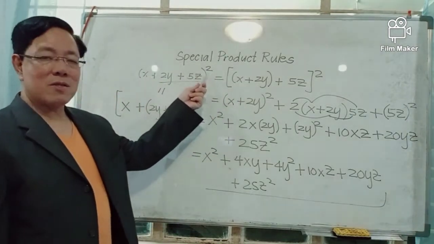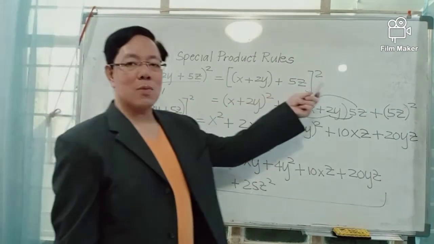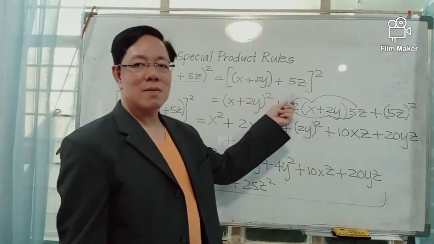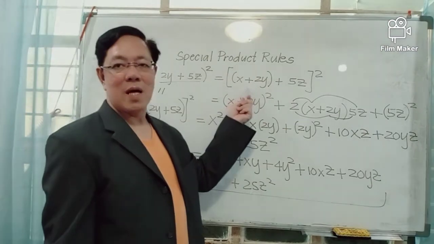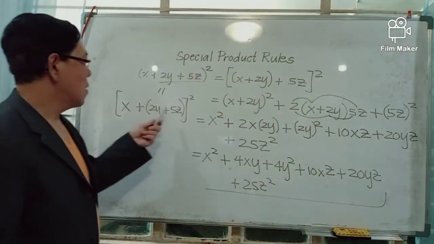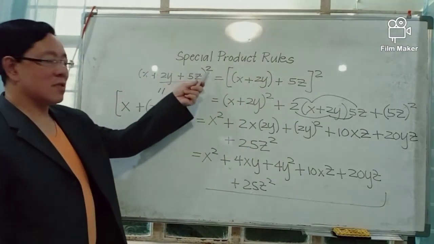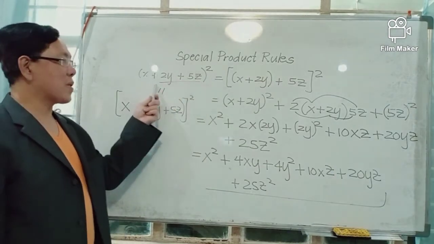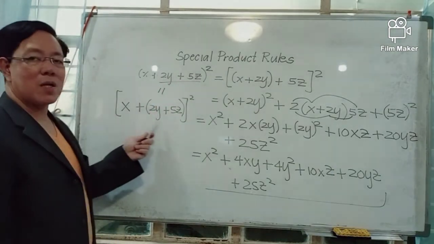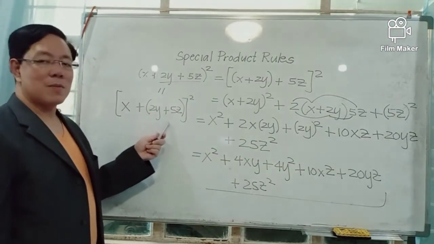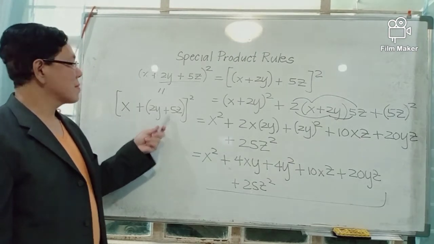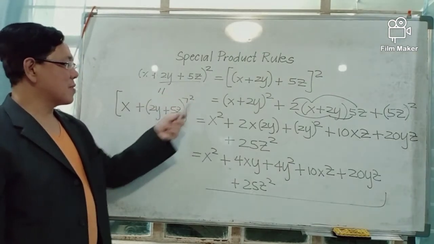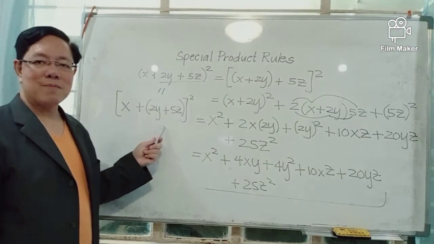So we can write the square of this trinomial as the square of this binomial, where the first term is another binomial. Or you can rewrite the square of the trinomial as the square of this binomial, where the second term now is the sum of 2y plus 5z, which is another binomial.